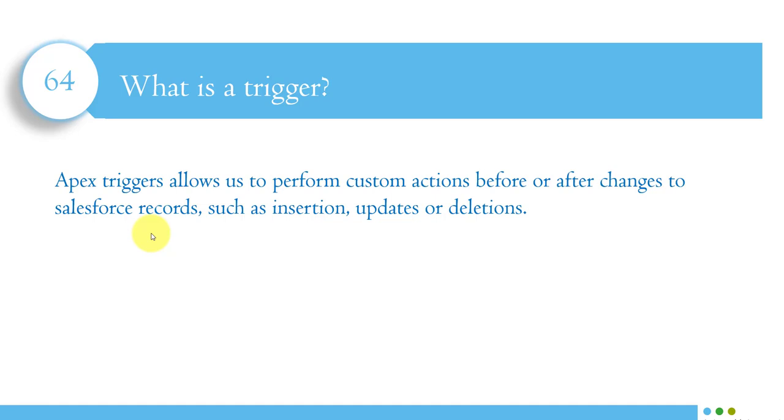That is the main reason behind triggers. So Apex triggers allow us to perform custom actions before or after the changes to the Salesforce records. Records is important over here, such as insertion, updation, or deletion. I want to perform something on these three things.